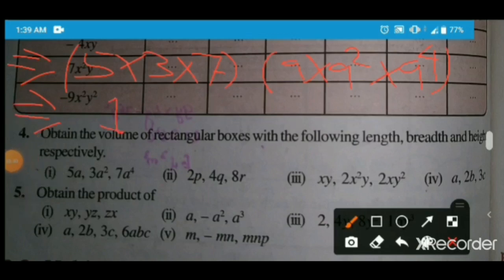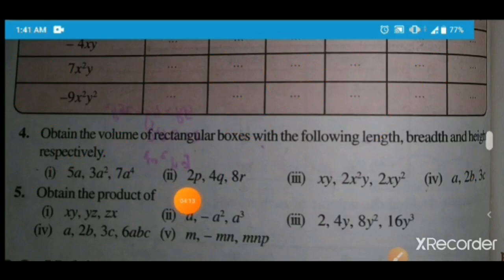So it is 105, and here we can write a raised to the power 1 plus 2 plus 4. So it is equal to 105 a raised to the power 1 plus 2 is 3, 3 plus 4 is 7, a raised to the power 7. So this is the solution of our part first of question number 4.